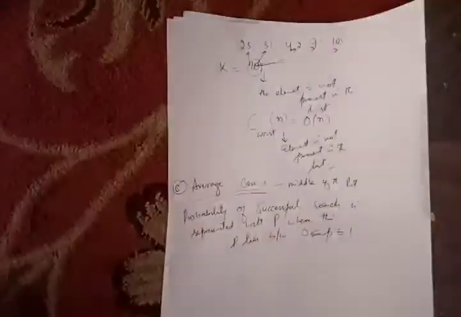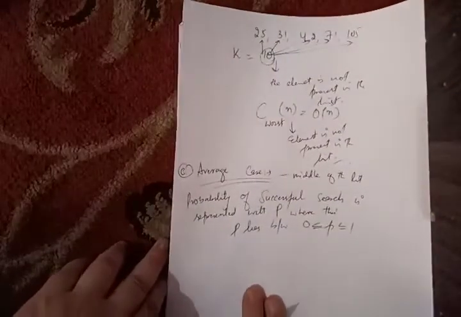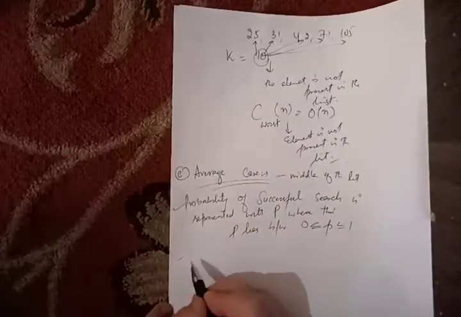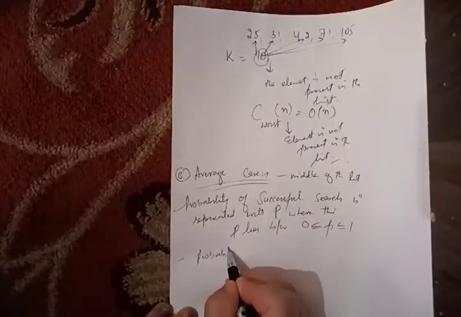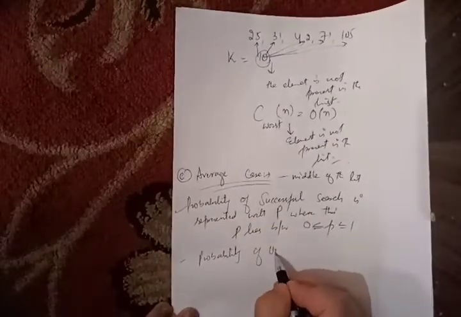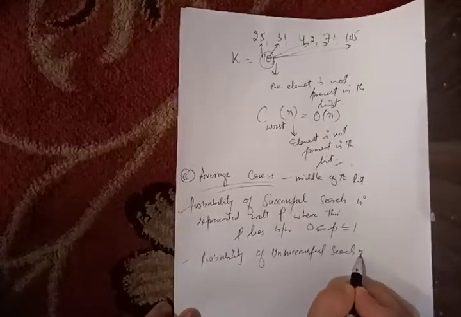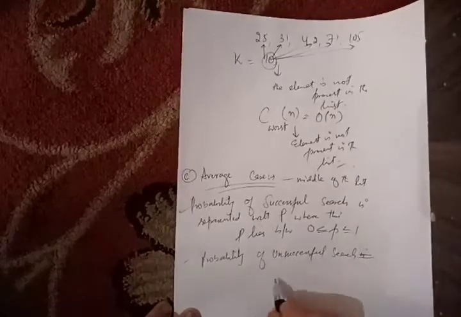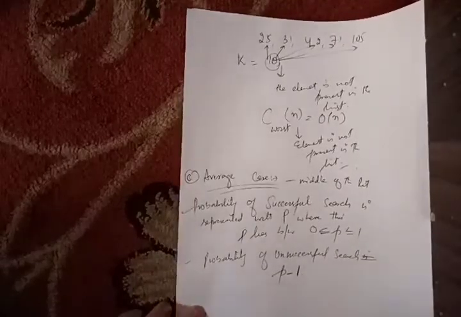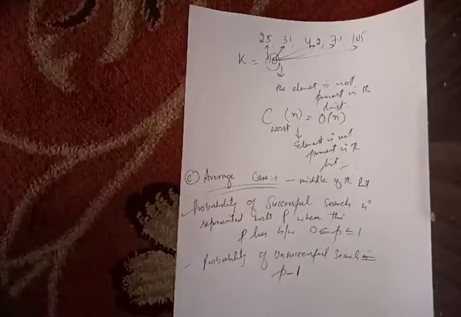That means 1 means the element is present, or the element is not present. Fine. And the probability of an unsuccessful search, that means when the element is not present in the list, will be represented with P minus 1. Okay, like this.